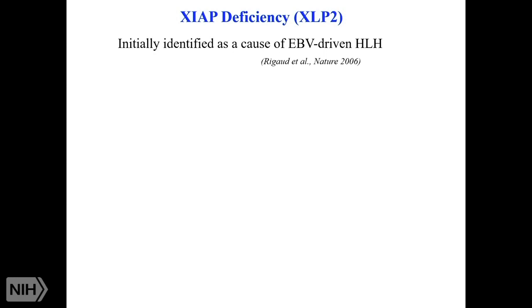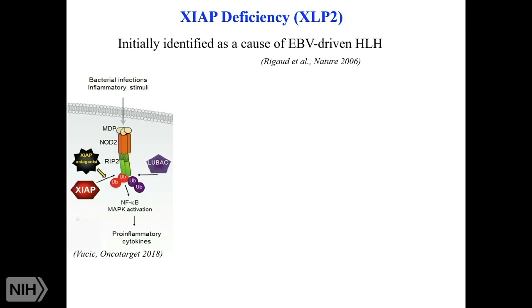The things, in fact, are much more complicated for this disease, and this is relevant to your interest because it has been shown that the XIAP protein affects the ubiquitination process and the release of pro-inflammatory cytokines through the NOD2 pathway in various cell types.